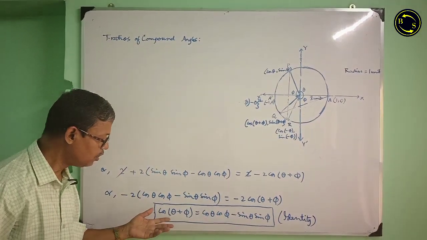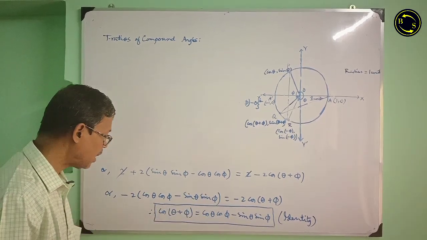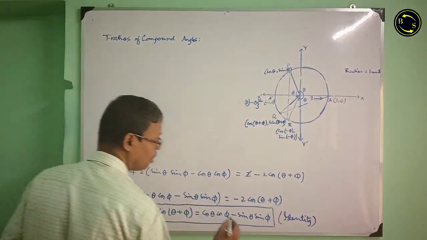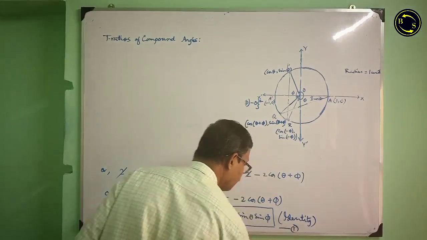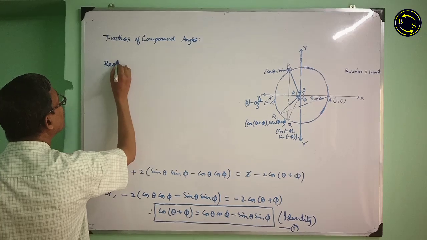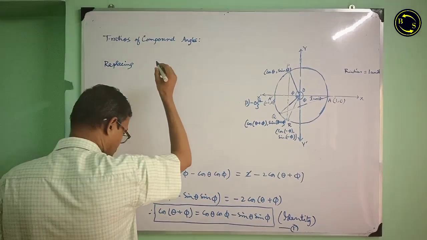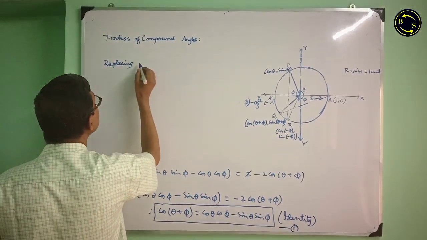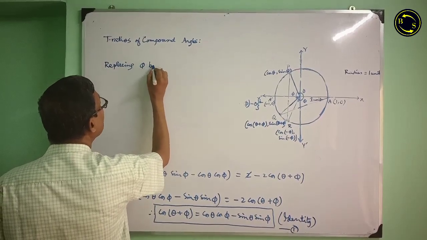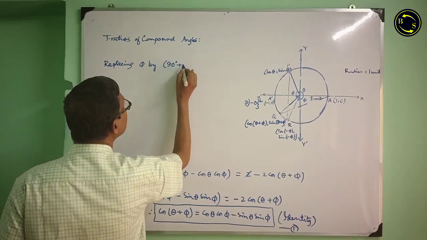Putting suitable value of theta and phi, we can find also sine of theta plus phi. I call it number 1, replacing phi by 90 degree plus phi.